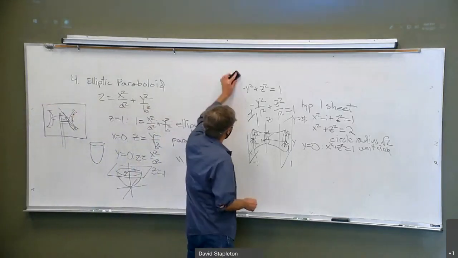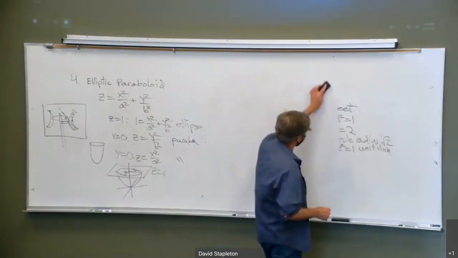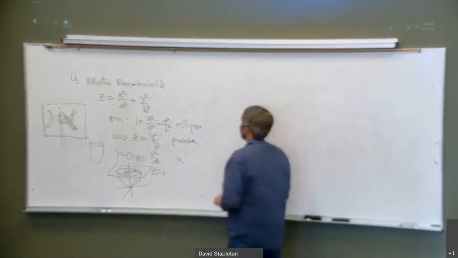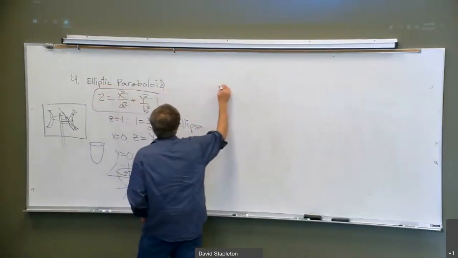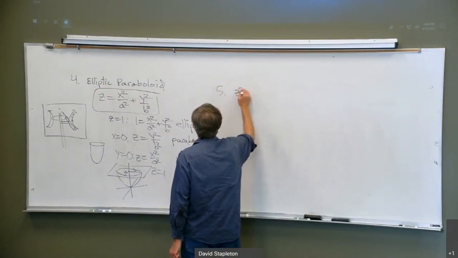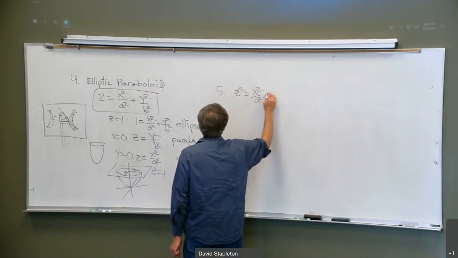Just like when you have 4 conic sections, there are going to be 6 quadric surfaces. Number 5 is going to be z squared equals x squared over a squared plus y squared over b squared.